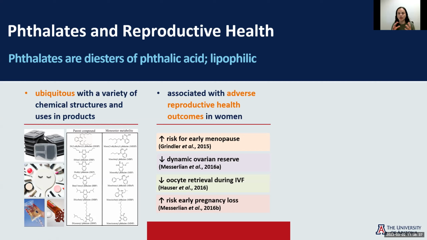So these are in the ovary. We have these units that contain the eggs. They're called follicles. The higher the level of phthalates in their urine, the lower the number of eggs these women have available for reproduction. And when they are subjected to hormone treatments at the clinic to ovulate, they don't ovulate as well.